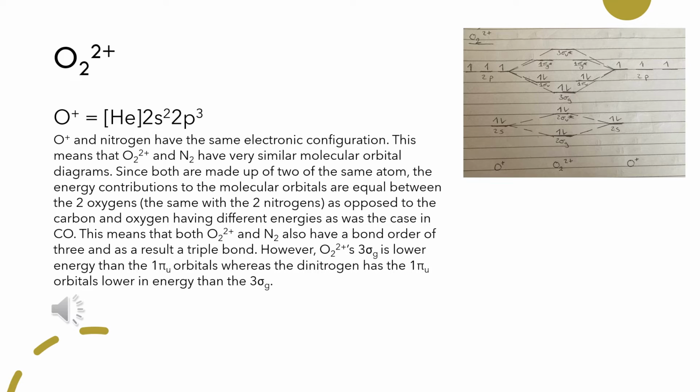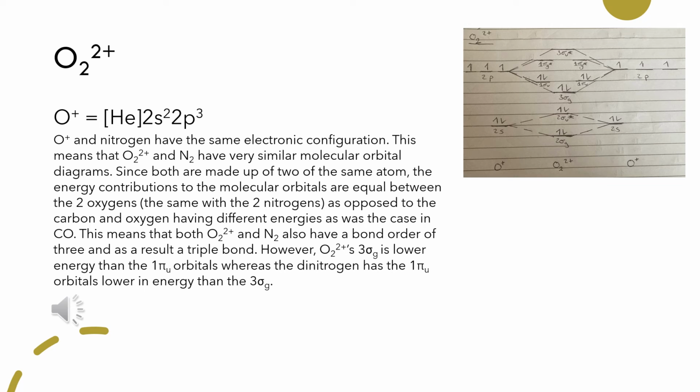However, in the molecular orbital diagram for nitrogen, the 1 pi bonding orbitals, which are the 2px and 2py orbitals within the atom, are filled before the 3 sigma bonding orbital, which is the 2pz orbital in the atoms. This is because they are lower in energy.